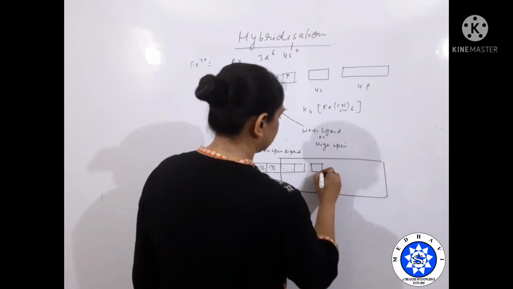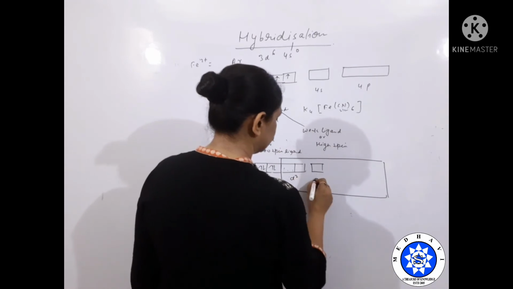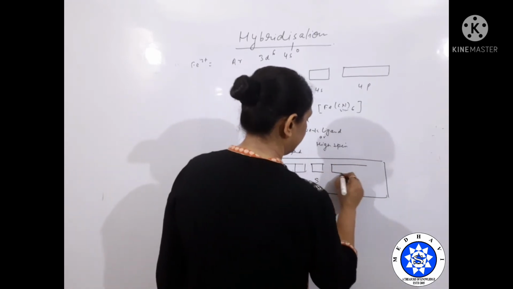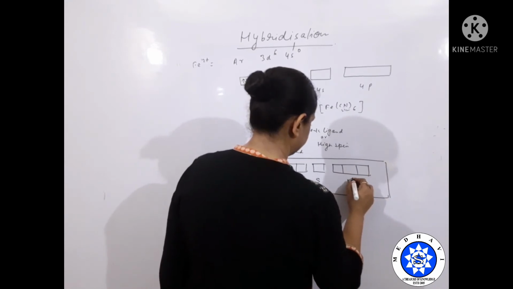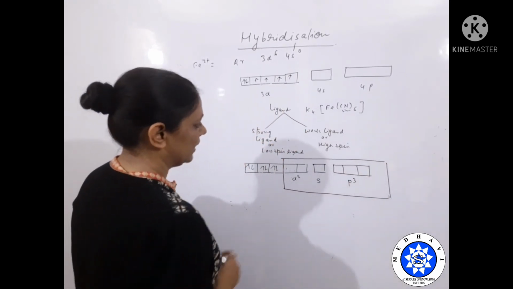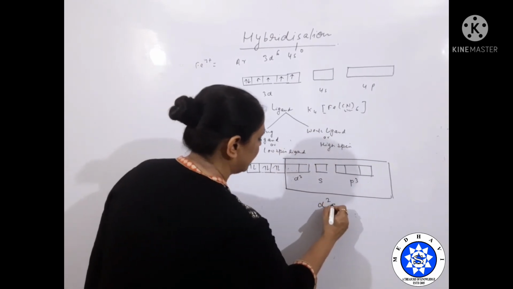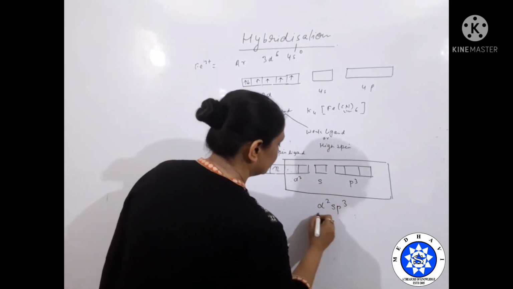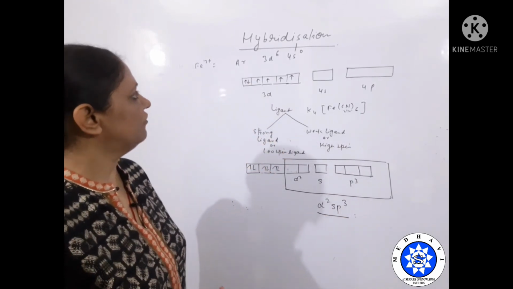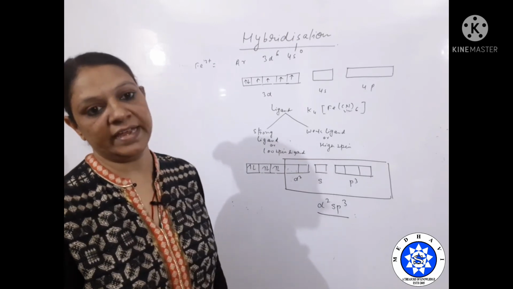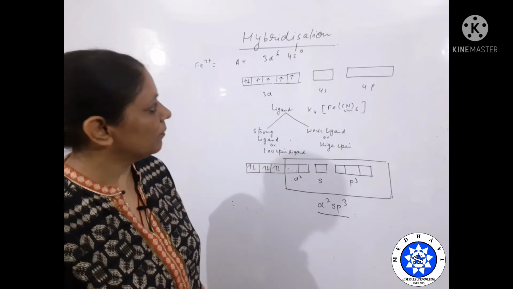So we will take d2, this is s, and p3. And we will fill the electrons of ligand. So its hybridization will be d2sp3. This way we can find electronic configuration of a coordinate compound.